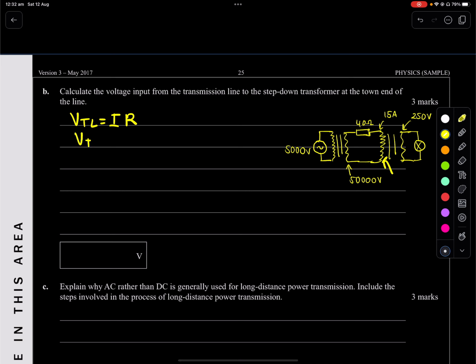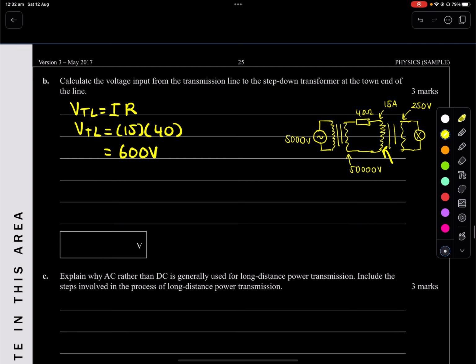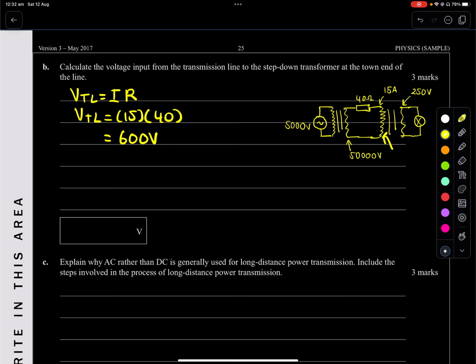So V_TL is the current, 15, times the resistance, 40, which gives us 600 volts. Now, the total voltage is 50,000, which was given. We subtract 600, and that will give us the input voltage.